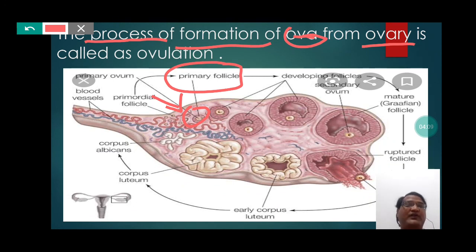Students, the primary follicle further develops to form the secondary follicle or secondary ovum, and thereafter, after accumulation of necessary nutritive material, secondary ovum gets converted into Graafian follicle.